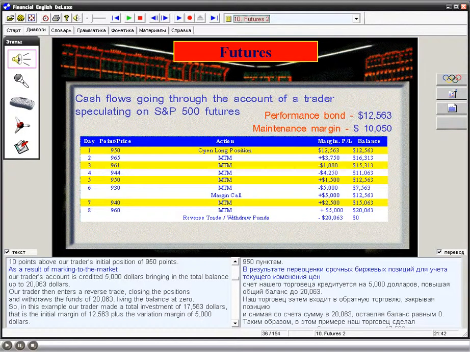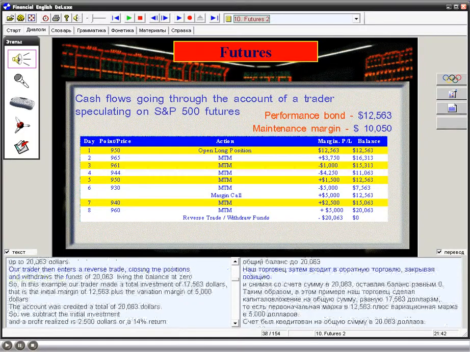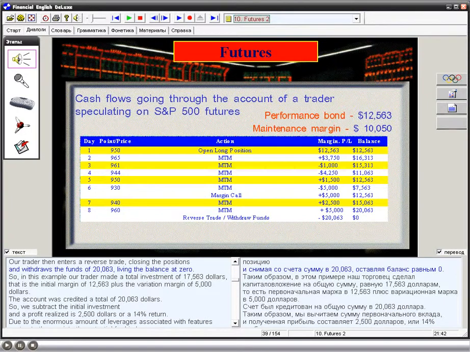As a result of marking to the market, our trader's account is credited $5,000, bringing the total balance up to $20,063. Our trader then enters a reverse trade, closing the positions, and withdraws the funds of $20,063, leaving the balance at 0.